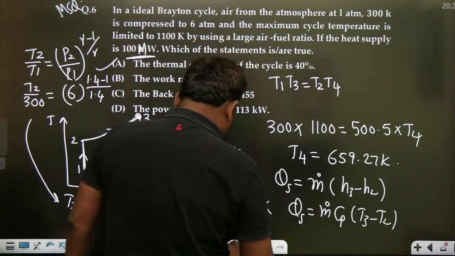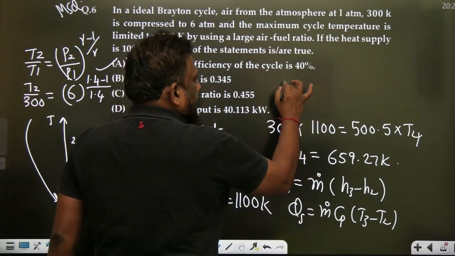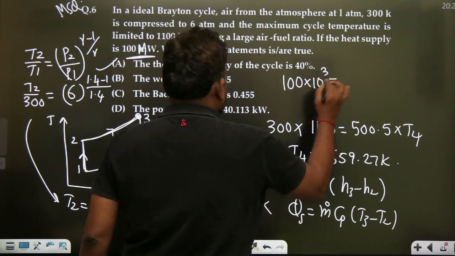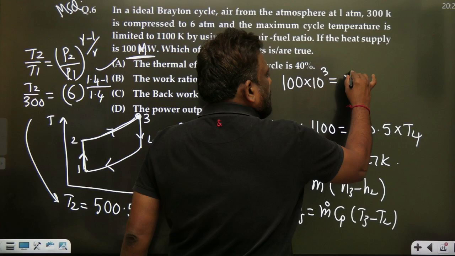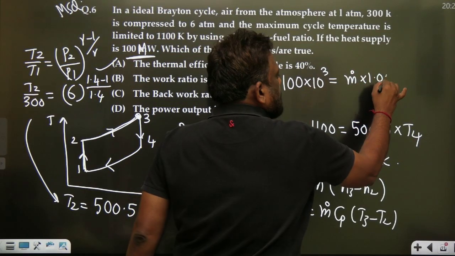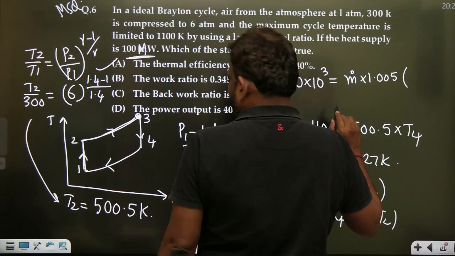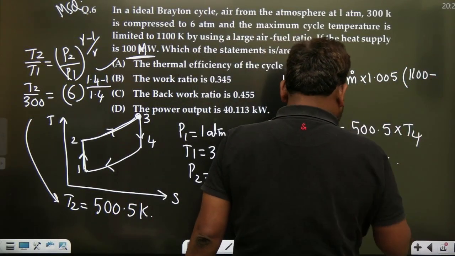So 100 megawatt is 100 into 10 power 3 kilowatt. So 100 into 10 power 3 is equal to m dot into Cp, which is 1.005, into T3 minus T2. What is T3? It is 1100 minus T2.